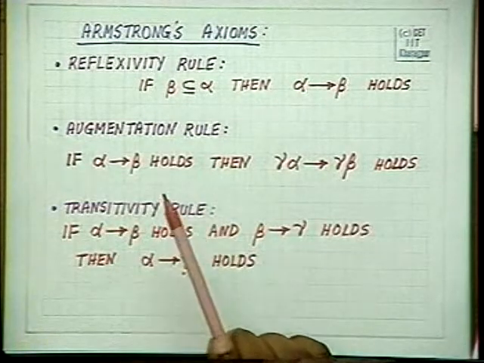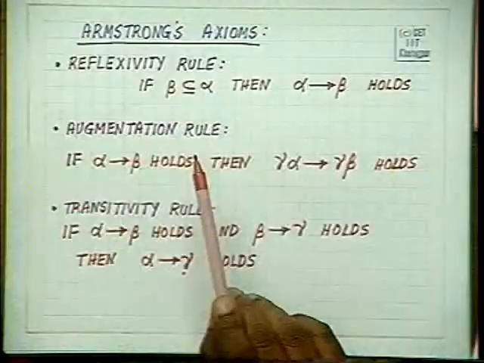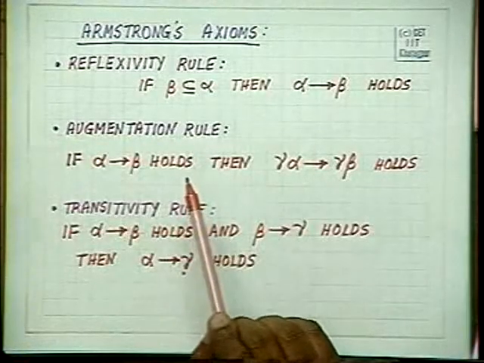That is, suppose I am given a set of functional dependencies, and by applying these rules on that set I cannot generate any new functional dependency, then it is said that the closure has been obtained.